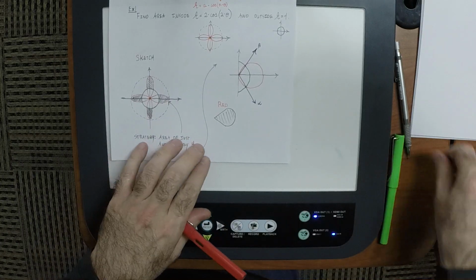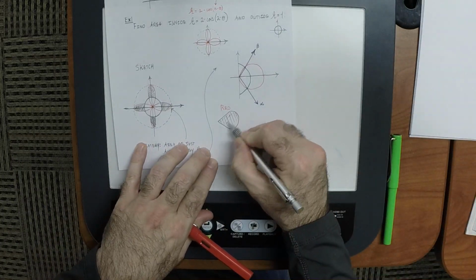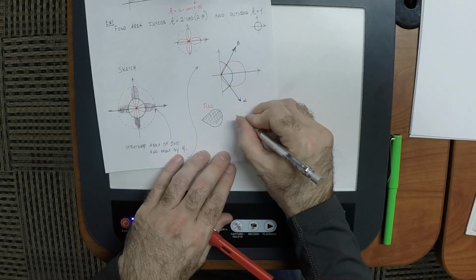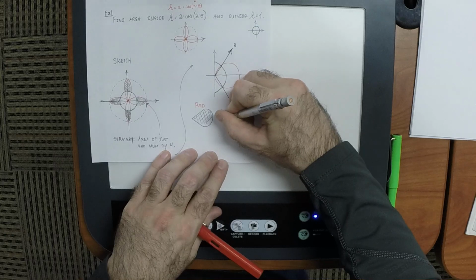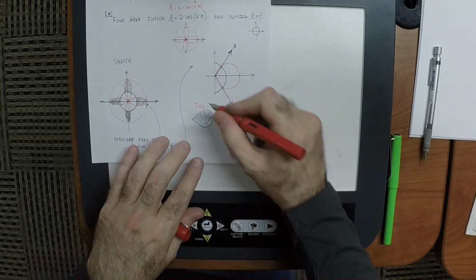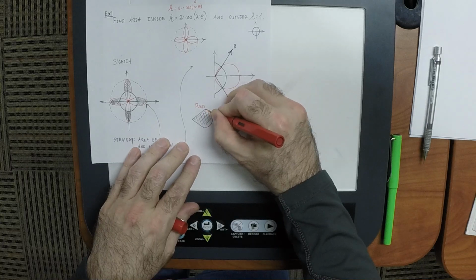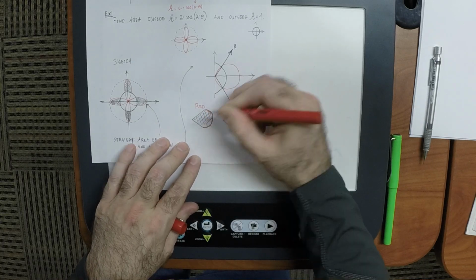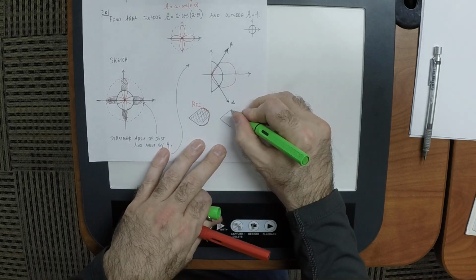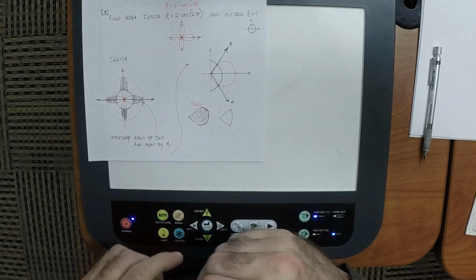What if we integrated the green function? What shape would we get? We get something that's kind of like this.